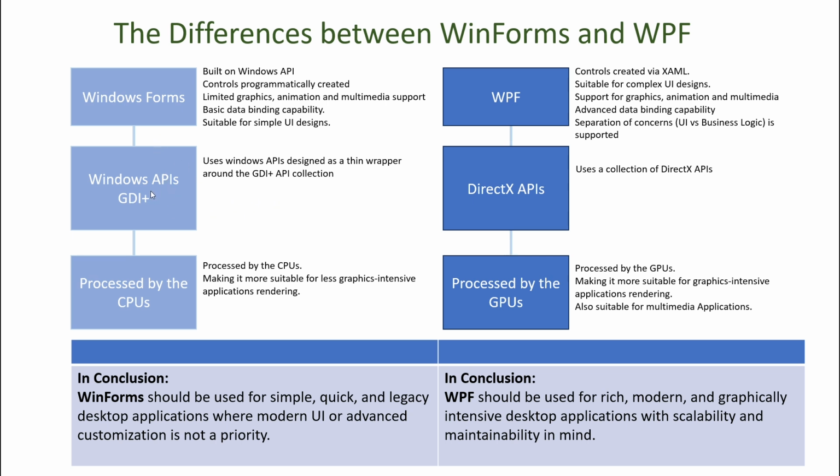So it identifies the relevant GDI component and then it makes that call as well. And then the CPU takes all that information and renders what is requested on the screen. And that is the way Windows Forms technology works.